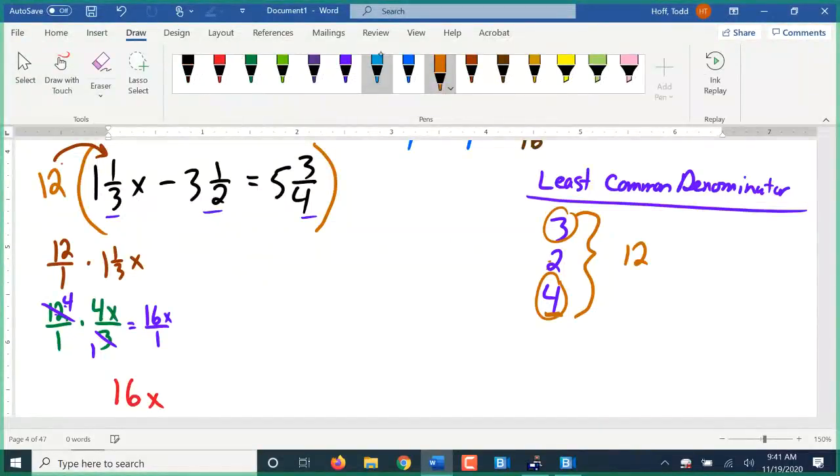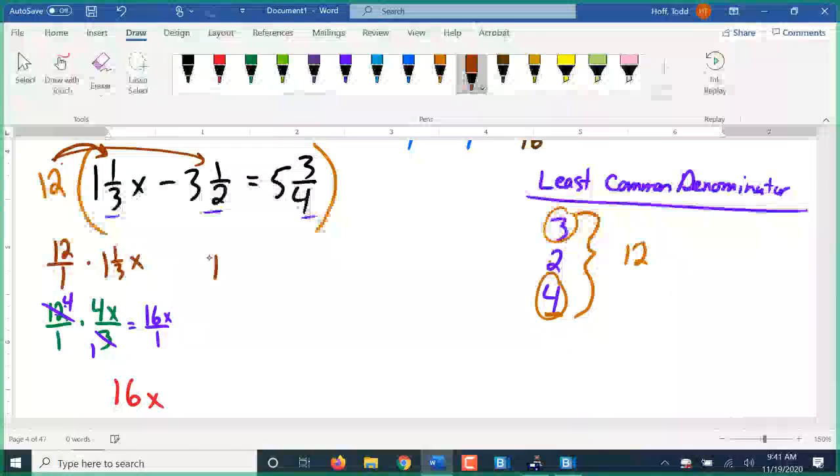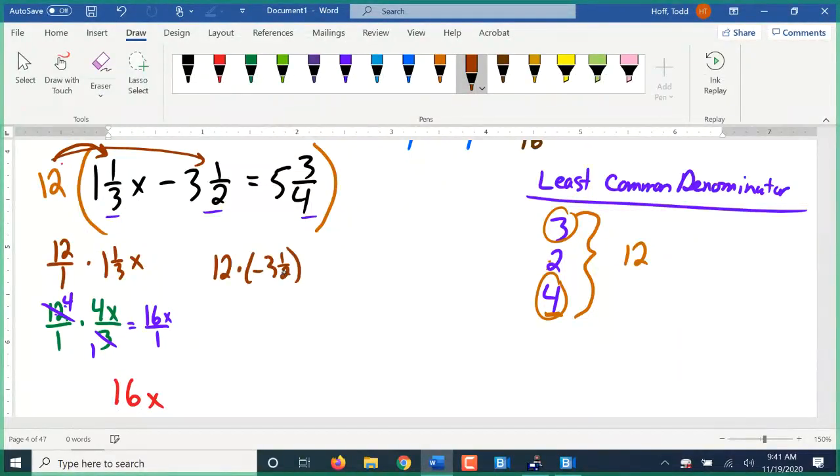Next, we can do the 12 times a negative 3.5. So again, we'll make this 12 over 1. 3 times 2 is 6, plus 1 is 7.